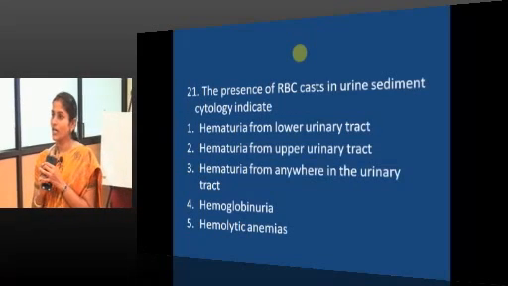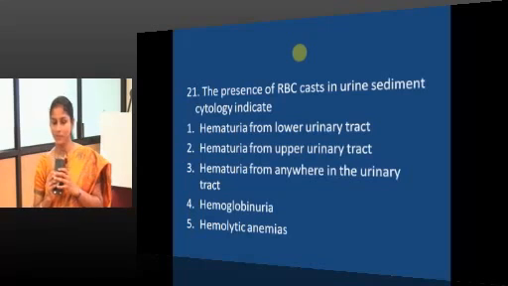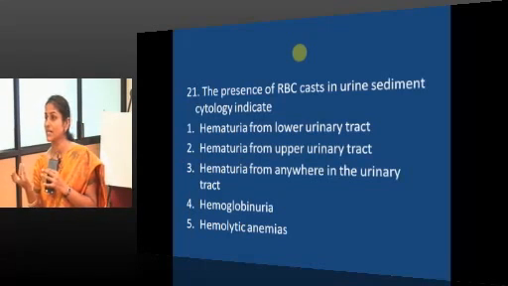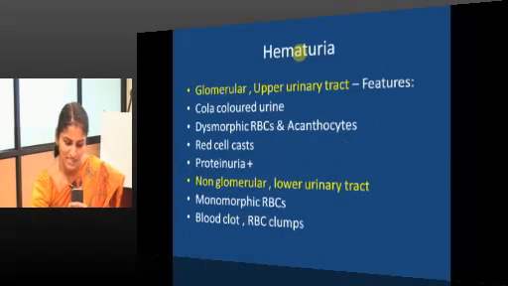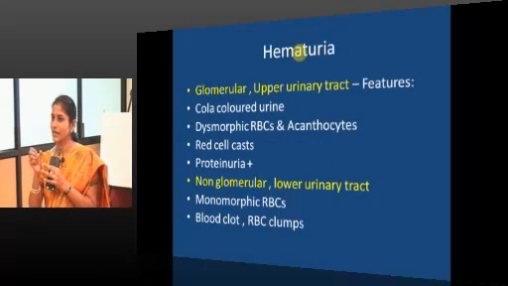The presence of RBC casts in the urine indicates where the hematuria is from. For this you need to understand cast formation. So, what are these casts? They are just impressions.